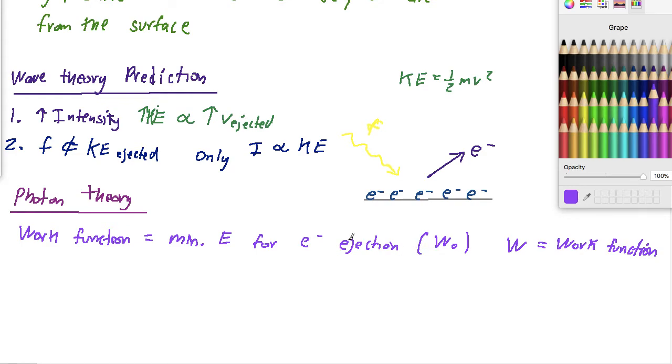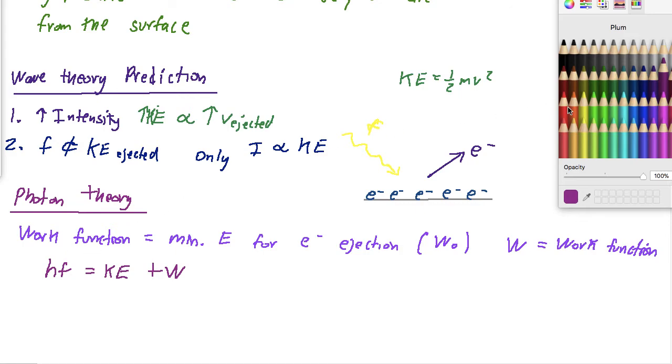Otherwise, the electron will not be ejected and there will be no kinetic energy. And they express this with the following function: the energy, or as we can recall, Planck's constant times the frequency, will be equal to the kinetic energy of the outgoing electron plus the work function.